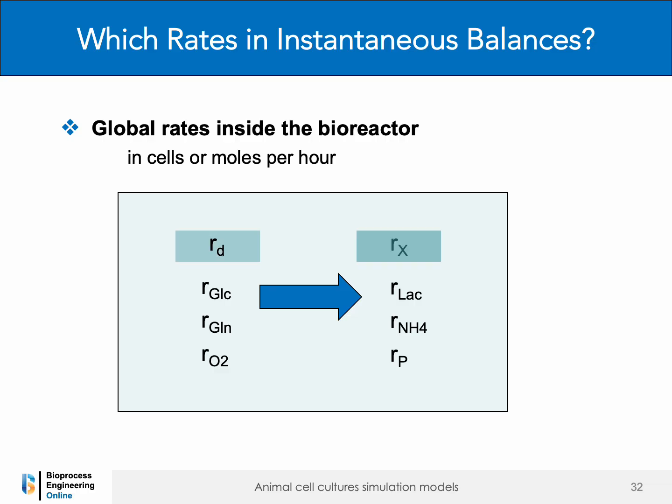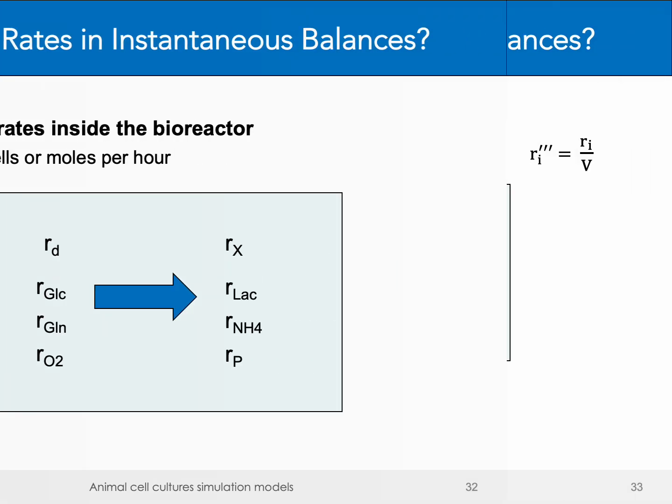First, the cell production rate Rx and the cell death rate Rd. Then, the consumption rates of glucose RGLC, glutamine RGLN, and oxygen RO2. And finally, the production rates of lactate RLAC, ammonia RNH4, and protein RP.